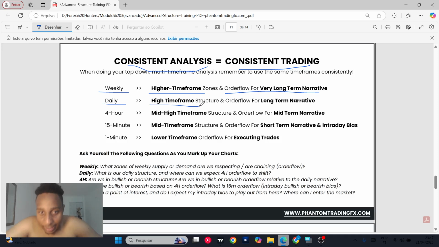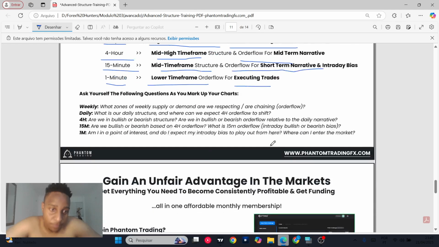Daily high time frame structure and order flow for a very long term narrative. 4-hour mid time frame and order flow for mid term narrative. 15-minute mid time frame structure, order flow for short term narrative in intraday buys. 1 minute time frame, lower time frame order flow, for executing trades.